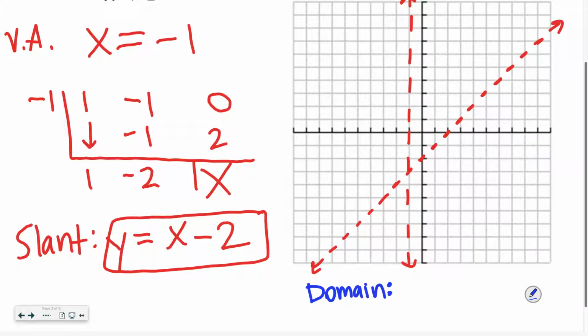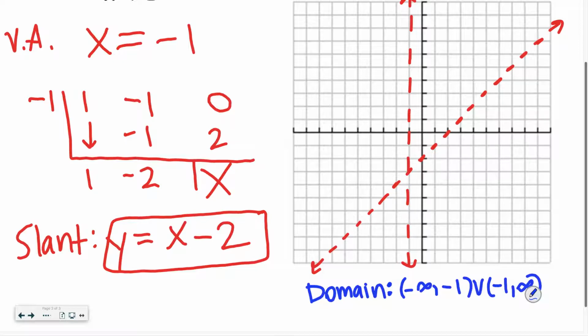We have that vertical asymptote. So we need -1 to be excluded from our domain. It doesn't change from the problems that we did yesterday or the day before. Wherever our vertical asymptote is, we have to exclude that from our domain. Guess what? I'm never going to make you do range for a slant asymptote graph because it's too, and you'll see in this example, it's too funky.